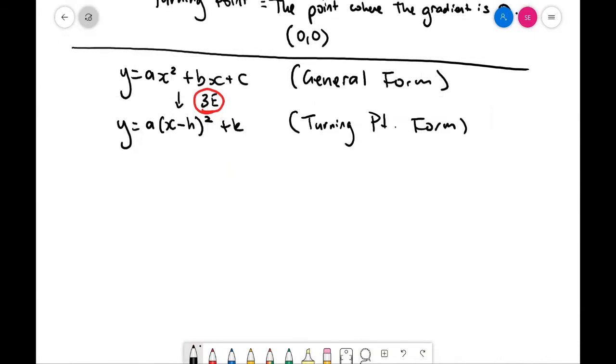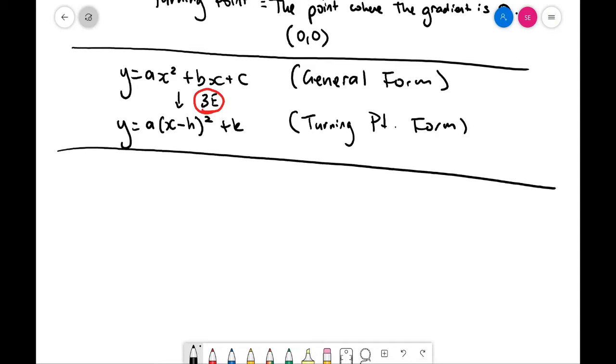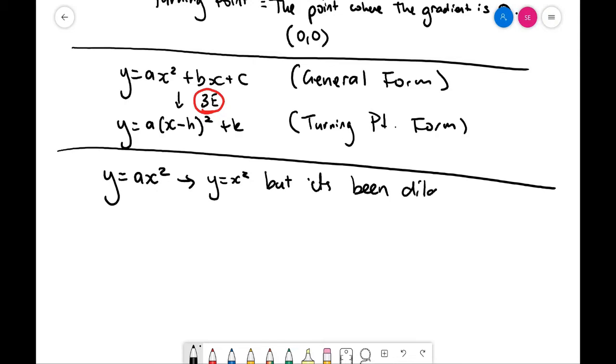Okay, so first we'll look at y is equal to ax squared, where a is just some number. What that means is it's just like what we graphed before for y equals x squared, but it's been dilated by a units.